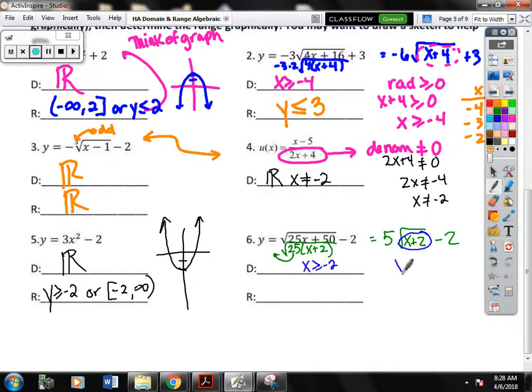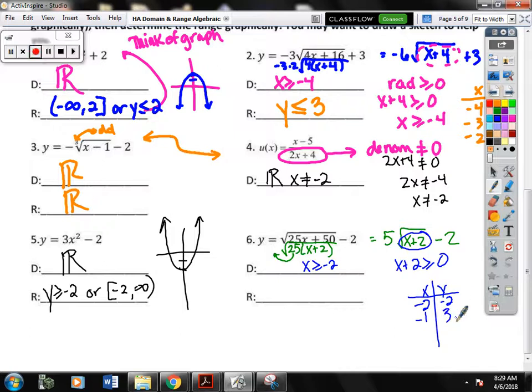Good. We take our radicand and we say it has to be positive, greater than or equal to 0, subtract 2. Now, for our range, again, think about the shift left 2 down 2, or do a table of values and figure out, starting with negative 2, and we're going bigger than that, so negative 1, 5 minus 2 is 3.